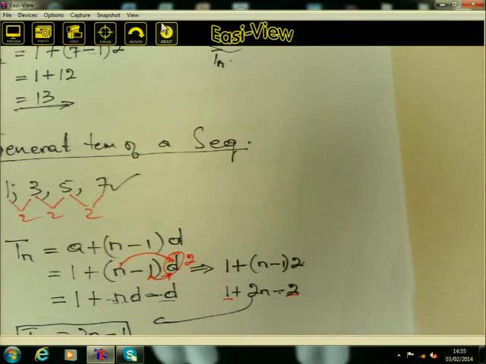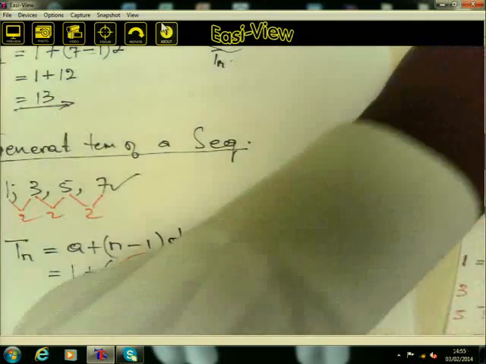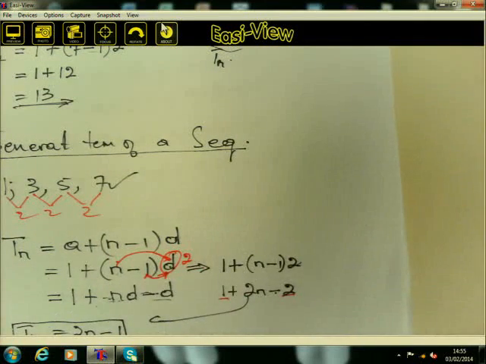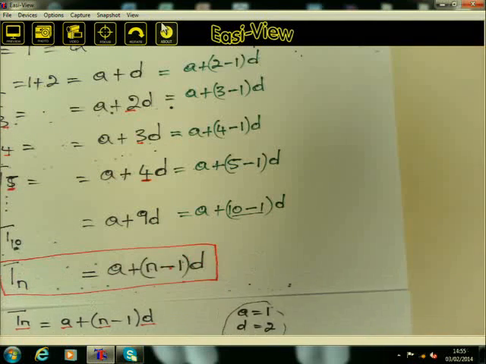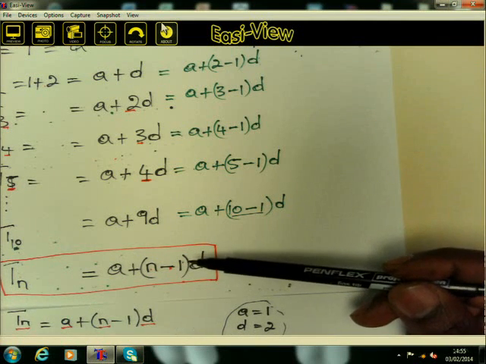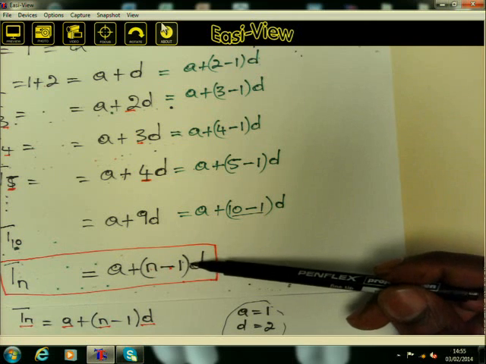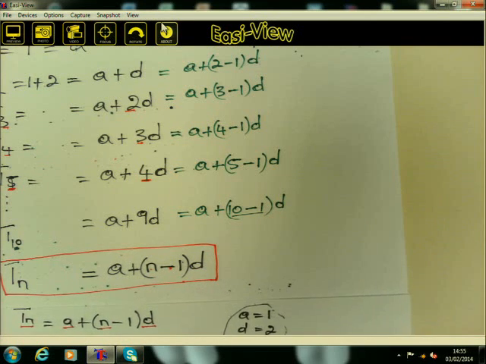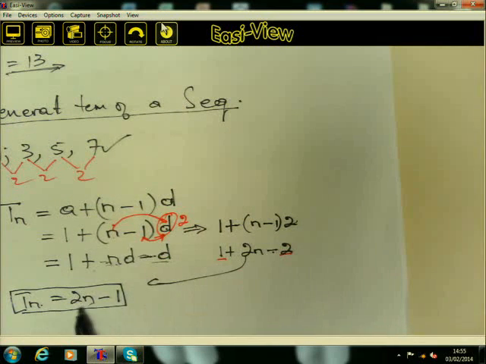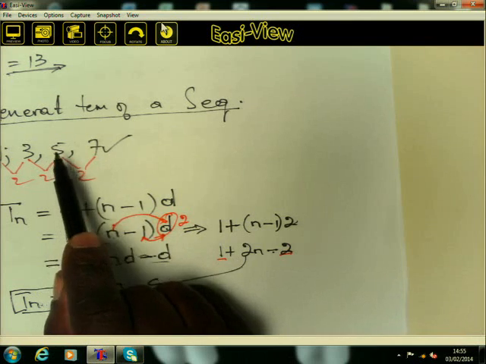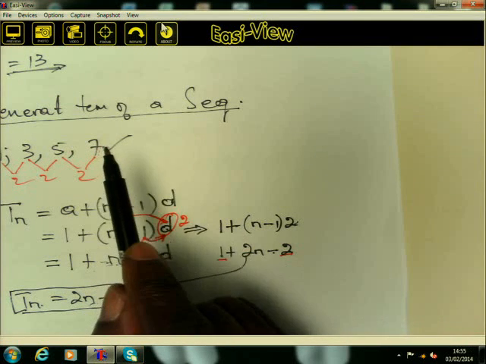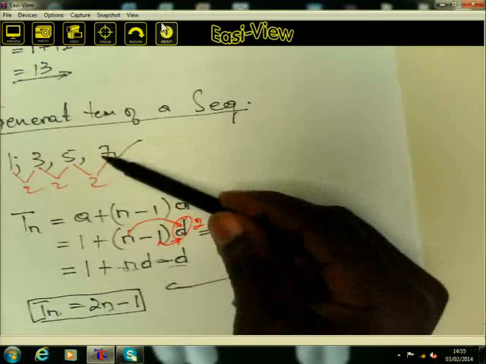The one we had here, Tn is equal to a plus n minus 1 d, is the general term for any arithmetic sequence. But this one is the general term for this specific one. Remember, each and every sequence has its order, has the way that it is developed. So this one has this one.